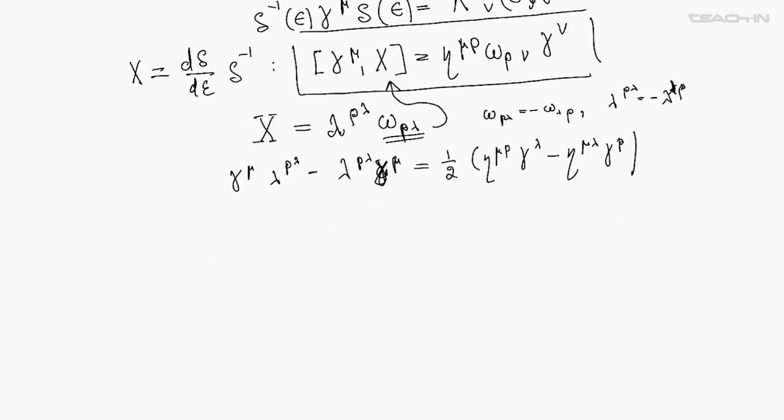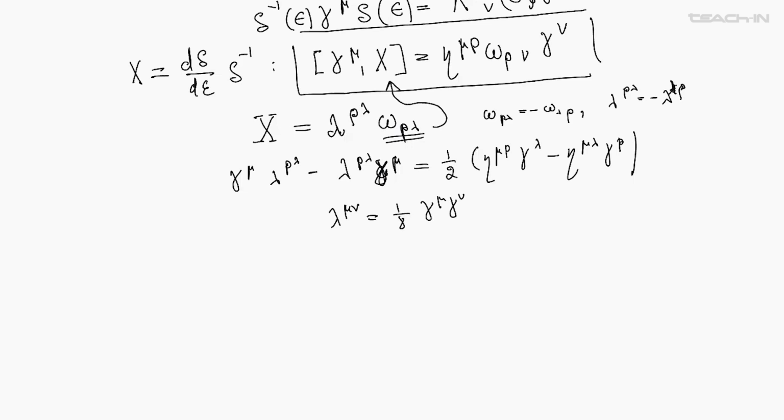This equation for this matrix can be solved, and I will give directly the solution right away. It's lambda rho equals 1/8 gamma mu gamma nu, where I put square brackets, meaning that I'm considering the commutator of these matrices.